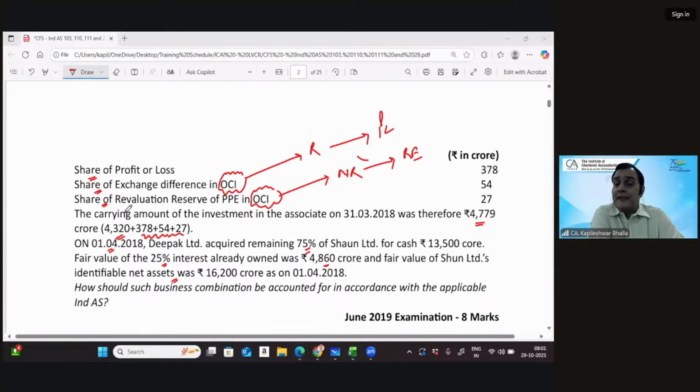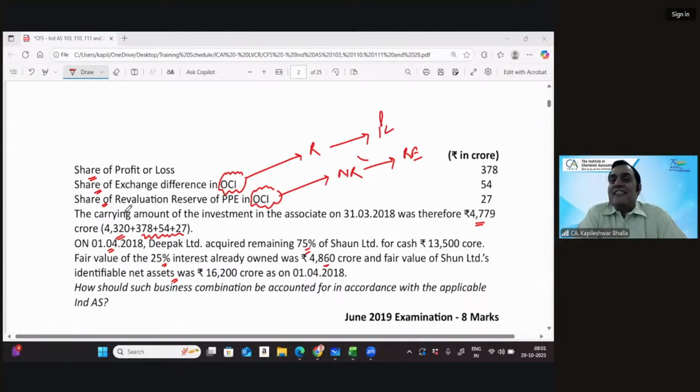Any inputs on that? Whatever goes in the OCI is accumulated in the tab number 3 of SOCI. So which particular head do you put that? Any inputs on that? I think I'll have to answer that as well.